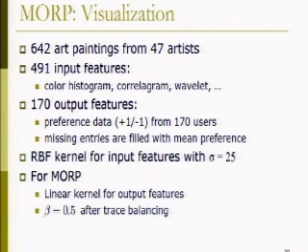We also did some visualization on data, which is very interesting. We collected 642 art paintings from 47 artists, and we extracted some low-level features, which are just color features, curvature, and wavelet. We asked 170 people to give some labels, just plus or minus one, for these images.